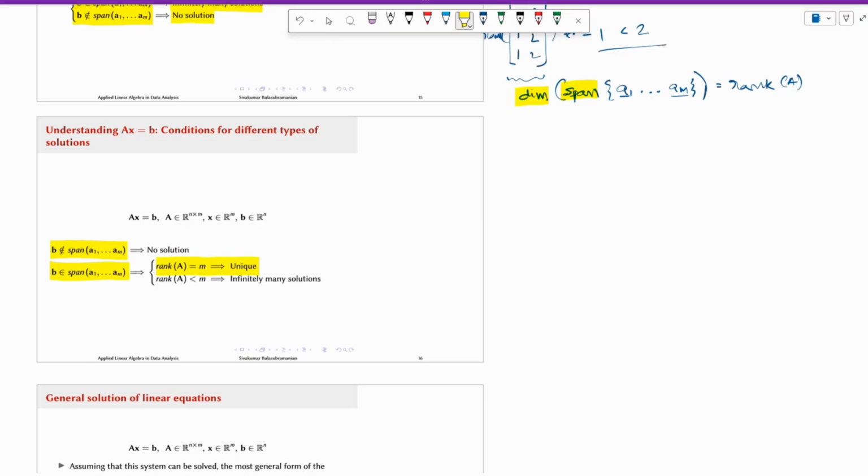It doesn't matter whether A is tall or square, or fat. And when the rank of A is less than m, which means that the columns of A are not linearly independent, then you have infinitely many solutions.